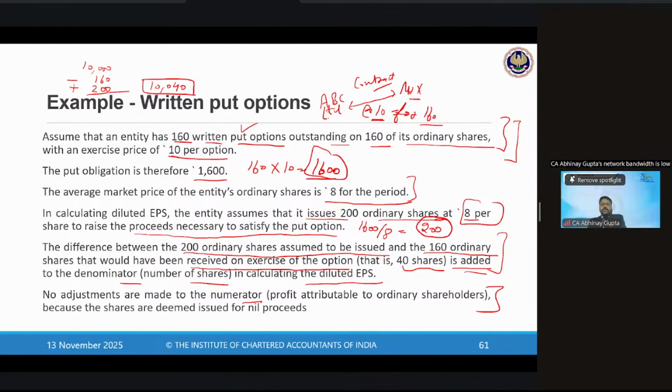So I'm issuing some shares at a certain price, I'm buying back the shares at a certain price, and under Ind AS 109, you must have studied that for equity transactions, P&L is not affected, right? So if I'm issuing the shares at a premium, do I record that premium in my P&L? No, that goes to where? Securities premium account, yes or no?